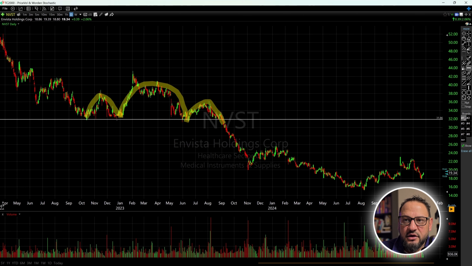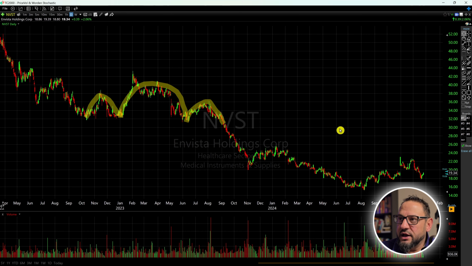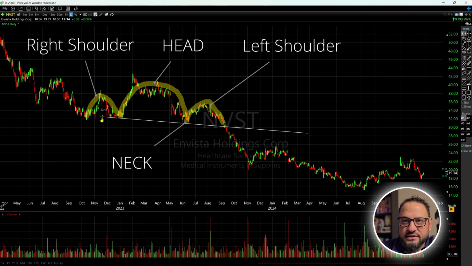Actually, I don't want a straight line, I just want to connect those two dots. Basically that is the neck.